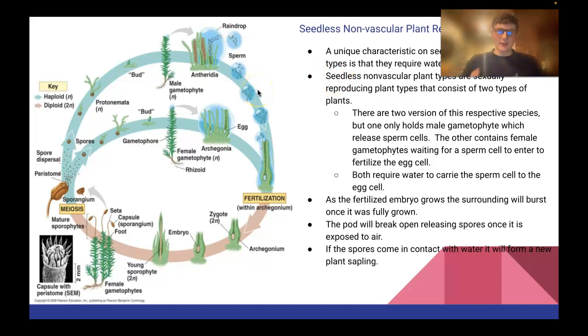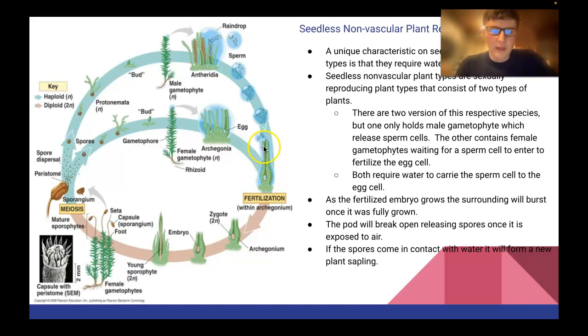The next plant reproduction type that we're going to be talking about is cellulose non-vascular plant reproduction types. These plants essentially reproduce via water, and that is the unique characteristic about them. They are separated into both male and female versions. There are no versions that have both male and female organs, and these plants reproduce by water. The male version releases the sperm cell out into the water, then it becomes attached to a female version of the plant.